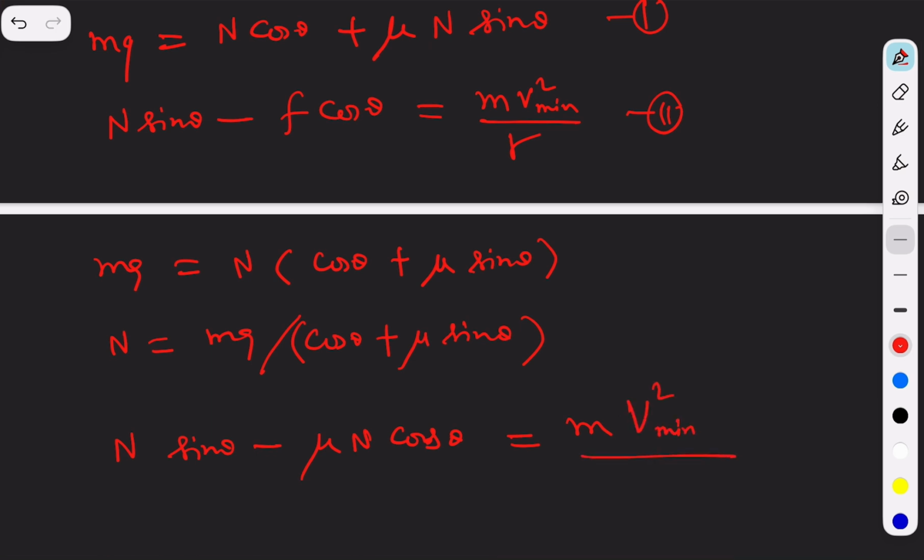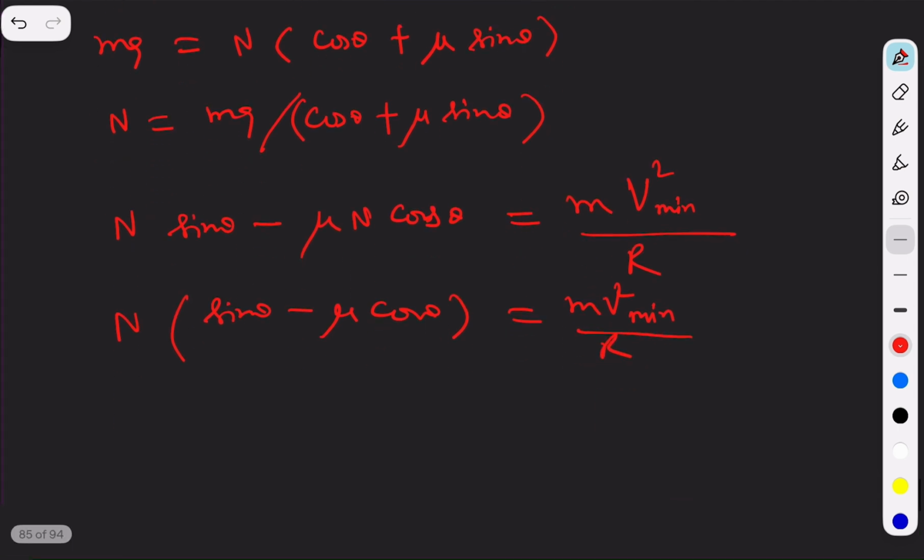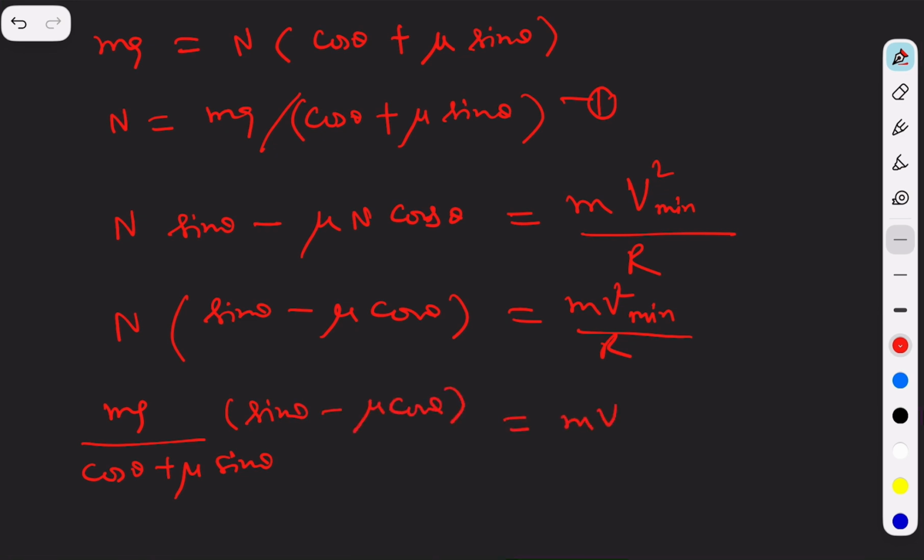Here also we can take N outside, and we can write N times sin theta minus mu cos theta is equal to m v square minimum divided by r. If I replace N from this, we get mg by cos theta plus mu sin theta, times sin theta minus mu cos theta, is equal to m v square minimum divided by r.